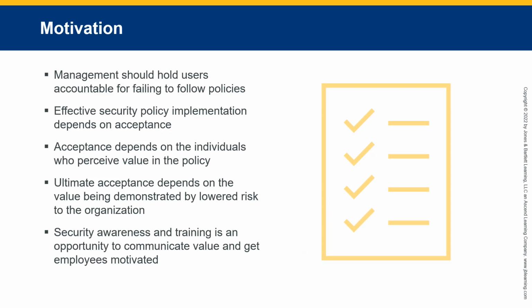Effective security policy implementation depends on acceptance. Acceptance depends on the individuals who perceive value in the policy. Ultimate acceptance depends on the value being demonstrated by lowered risk to the organization. And security awareness and training is an opportunity to communicate value and get employees motivated.